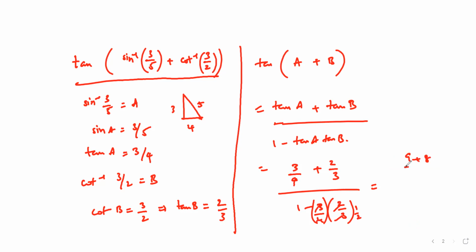So 9 plus 8 by 12 over 1 by 2. 17, 24 by 12. 17 by 6. Yes, sir. Right. Done. Can I move to the next one? Yes, sir.